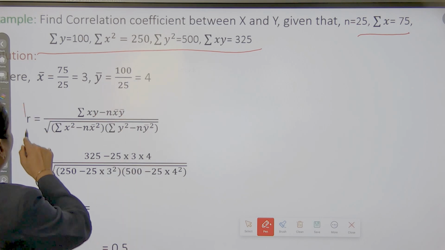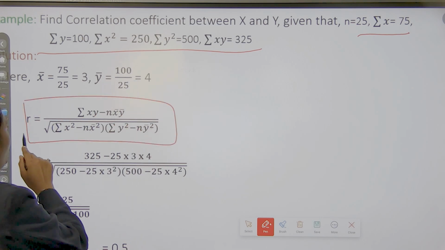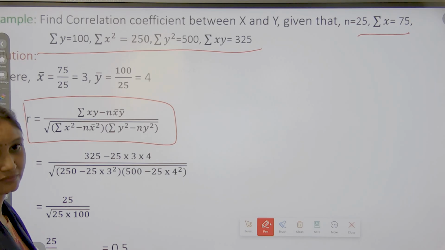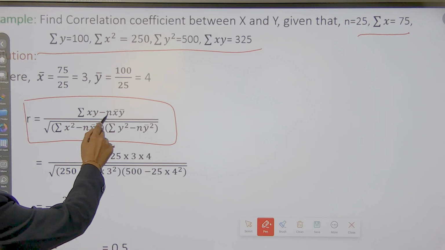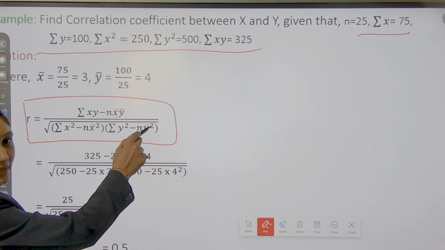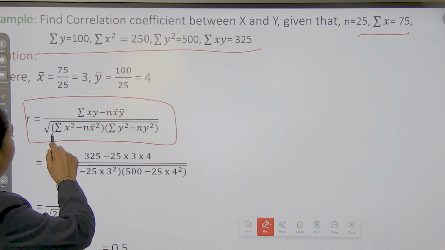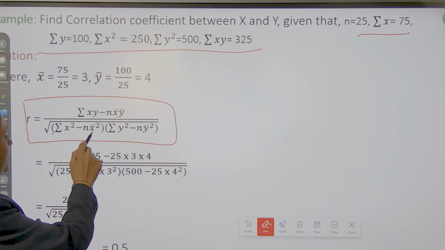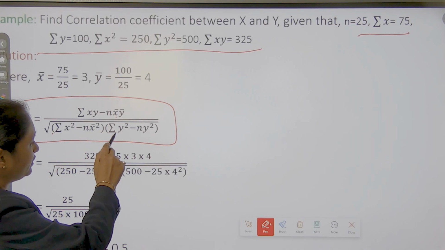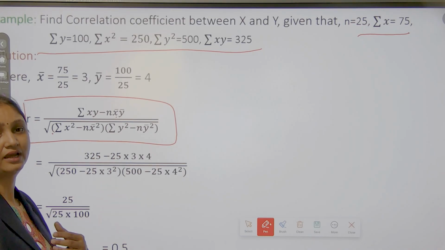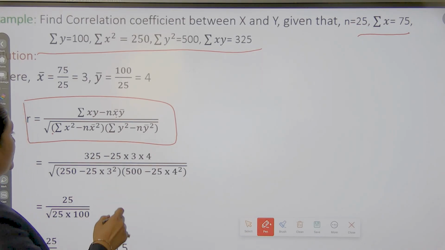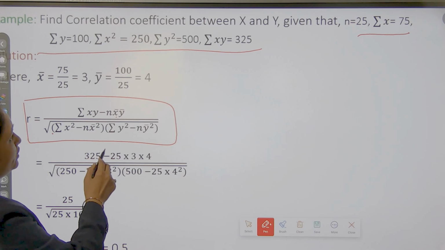Now this is the formula to calculate the correlation coefficient r is equal to summation xy minus n into x bar y bar divided by square root of summation x square minus n x bar square into summation y square minus n into y bar square. So putting all the values, now what is summation xy?